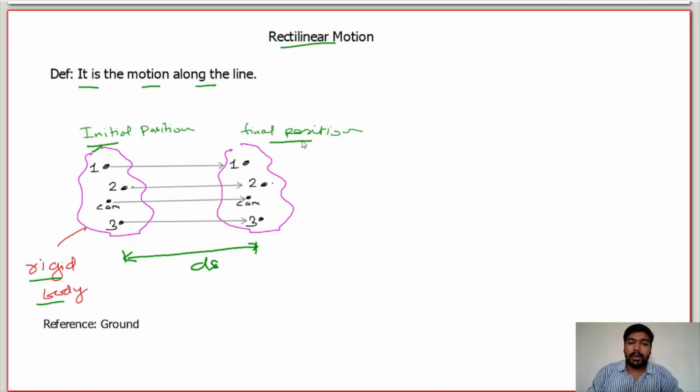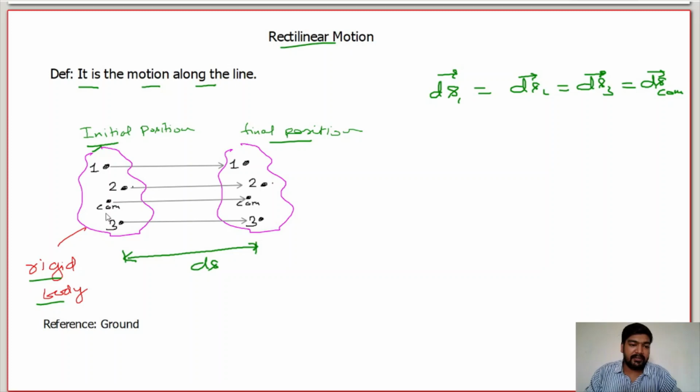Let's see how each point is displaced. The first point is also ds. The second point is also, because it is a rigid body, so each and every point travels the same displacement.